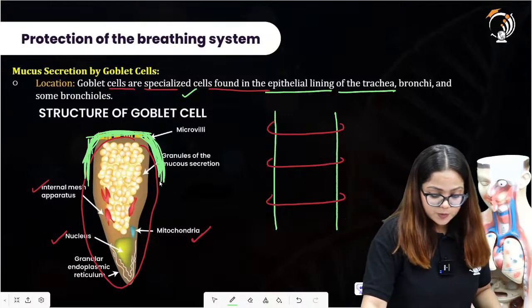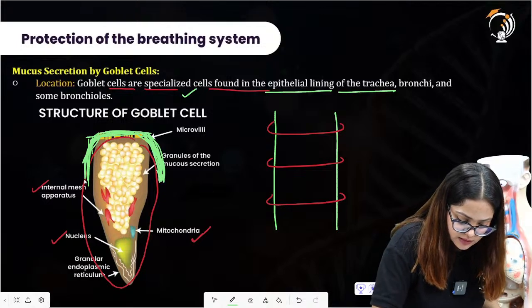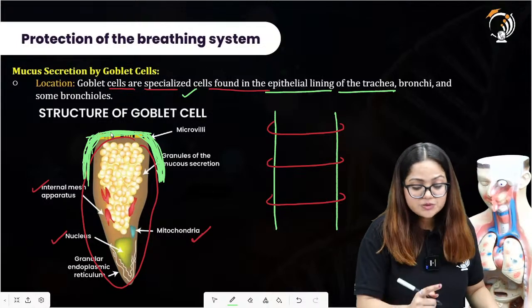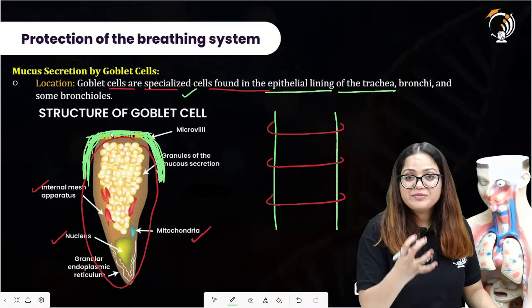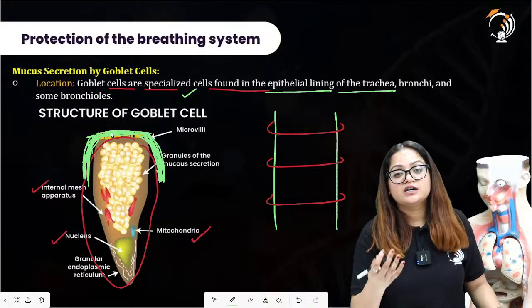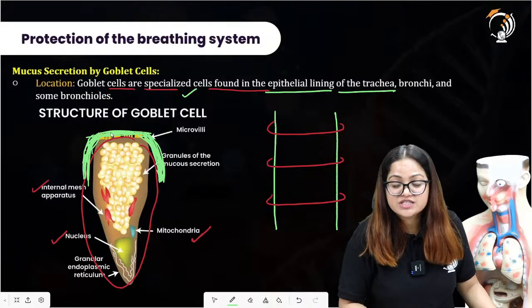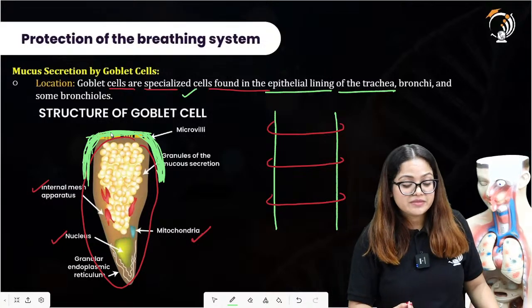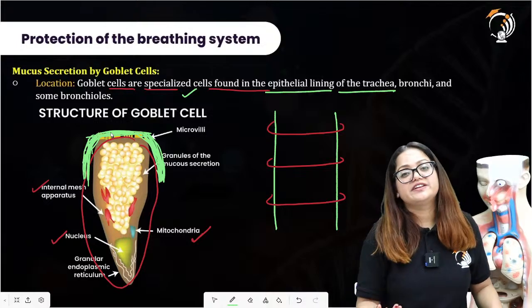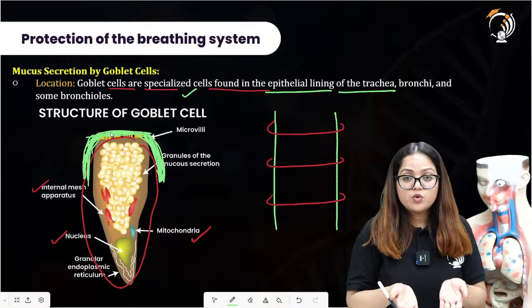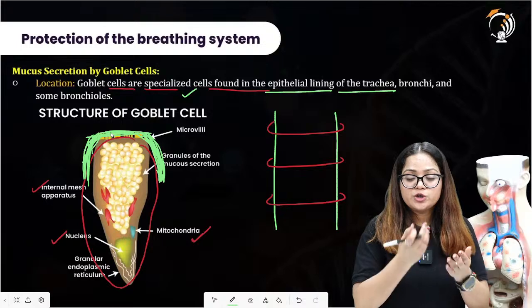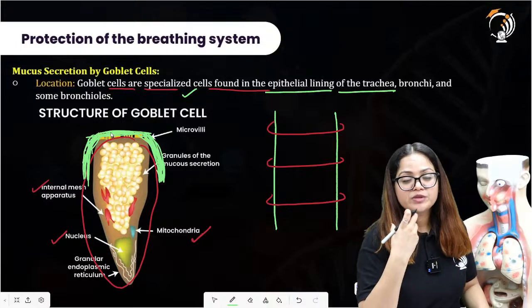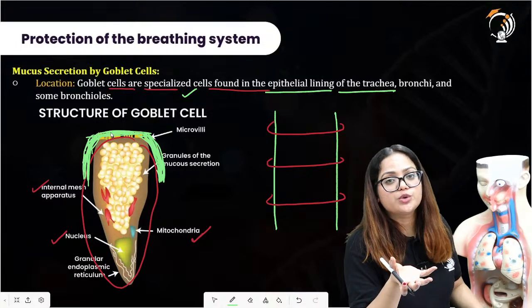Understood? Now this mucus will trap the particles, the infection causing agents, the pathogens inside it, and then comes the role of ciliated cells, which will move this mucus in order to remove it out from your throat.